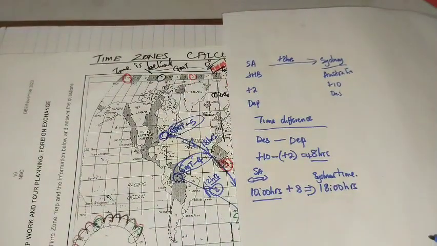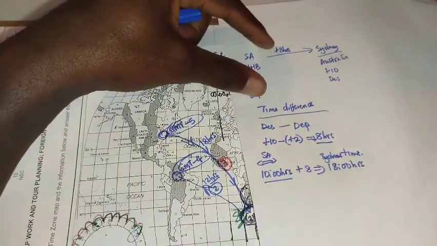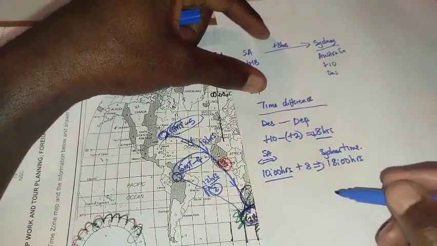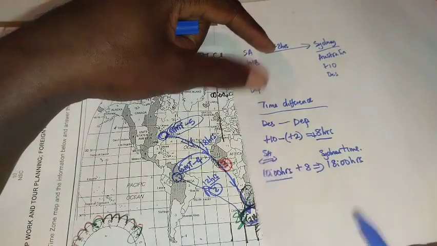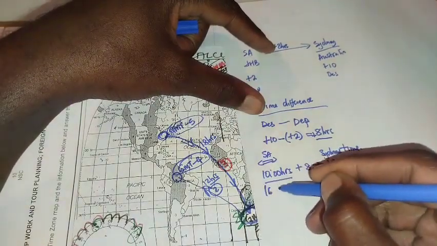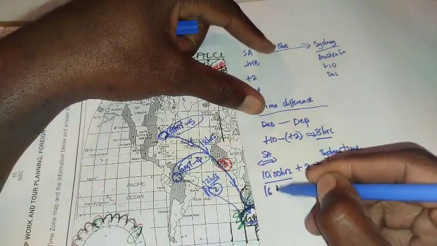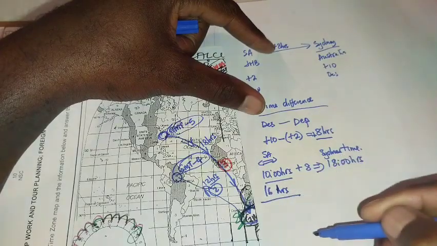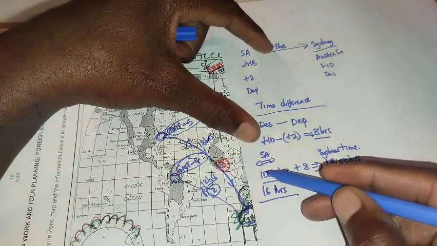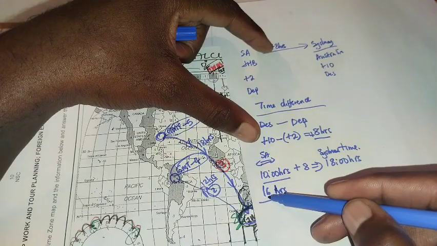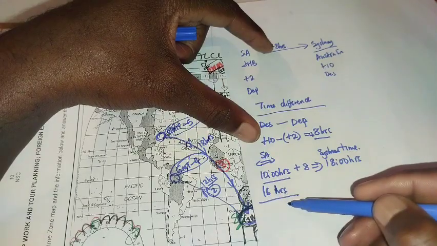Now, if it takes 16 hours to fly to Sydney, if you say 10 plus 16, you're going to get 26.